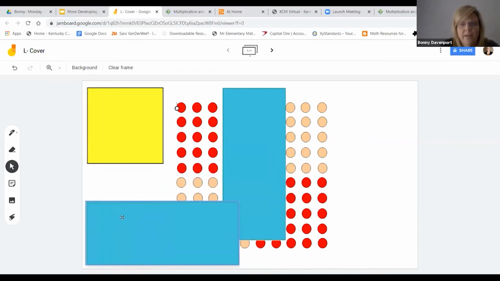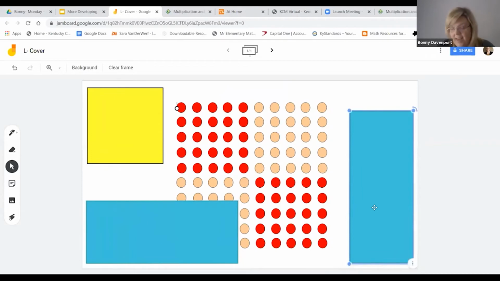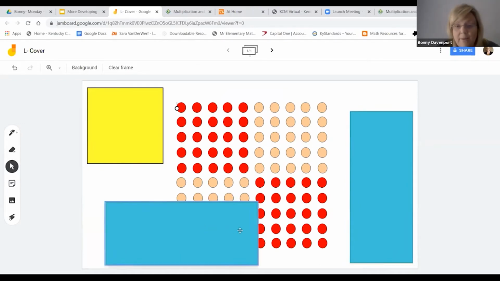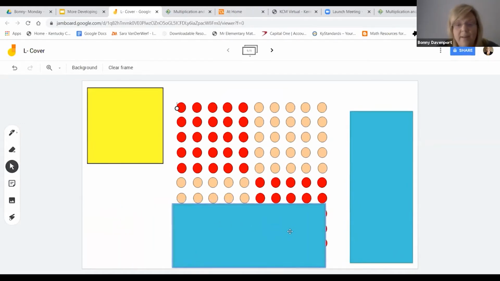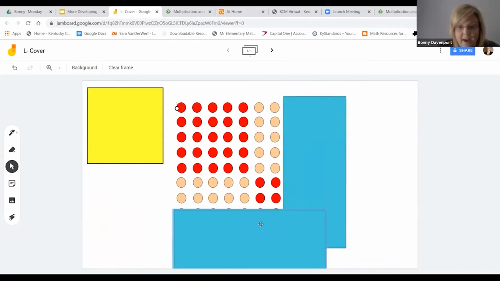So if you were going to do a fact like 7 times 8 or 8 times 7, which kind of trips kids up sometimes, they usually know their double facts, or their double facts come a little easier to them. So you might do a 7 by 7 array. And if you know 7 times 7 is 49, then if you have 8 7s, you'd be able to see that that's 56.